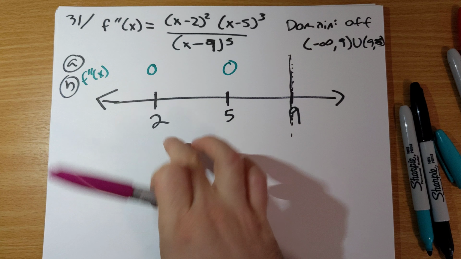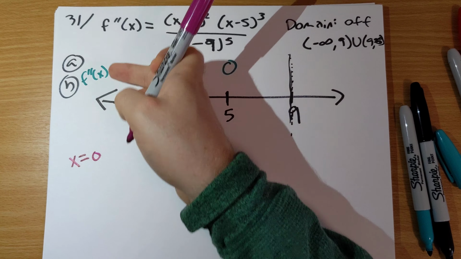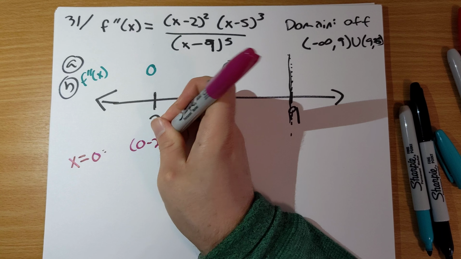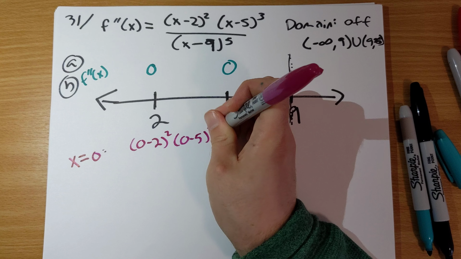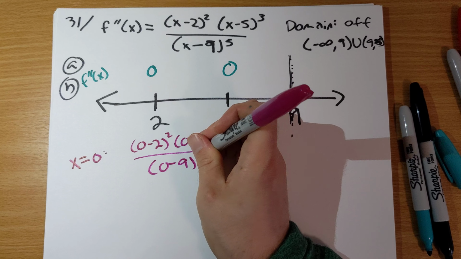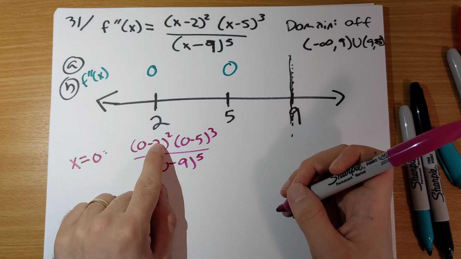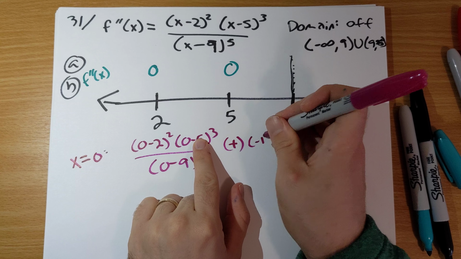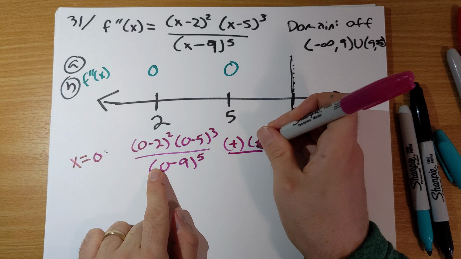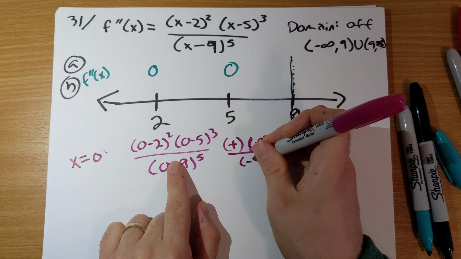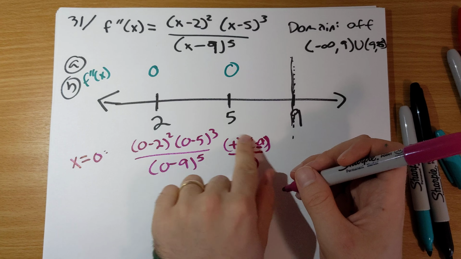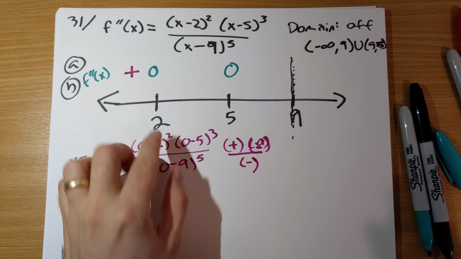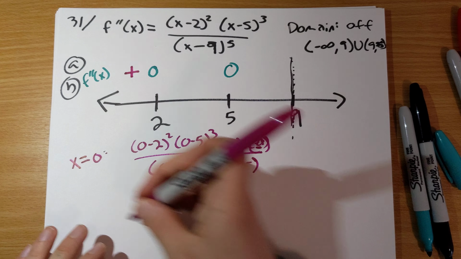We plug in x equal to 0 for something less than 2. We would get (0 minus 2) squared times (0 minus 5) cubed over (0 minus 9) to the fifth. And so this is going to be positive, times this is negative, all of that over something negative, and so those cancel out. So f double prime of x is positive for x less than 2.